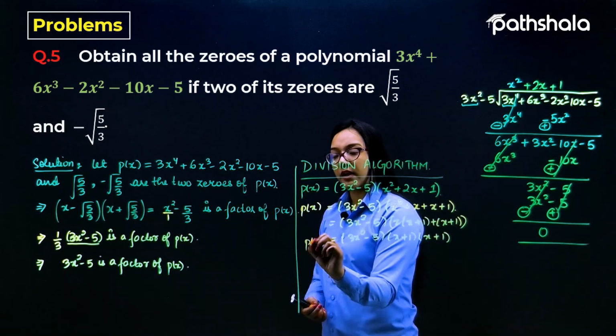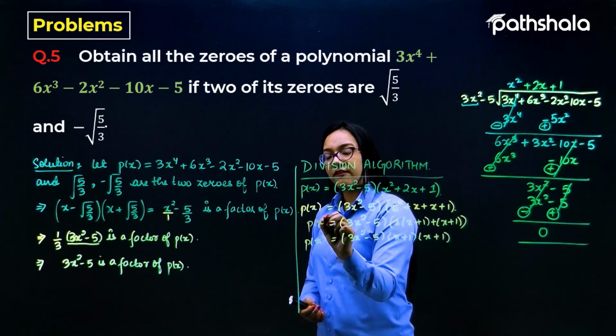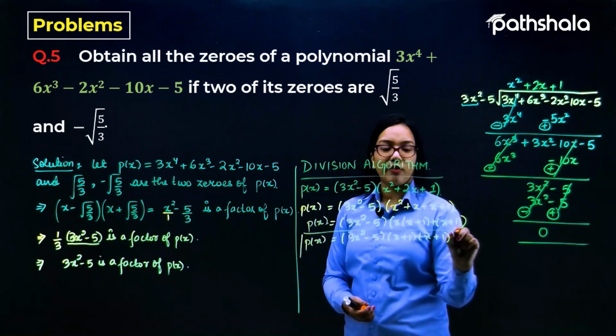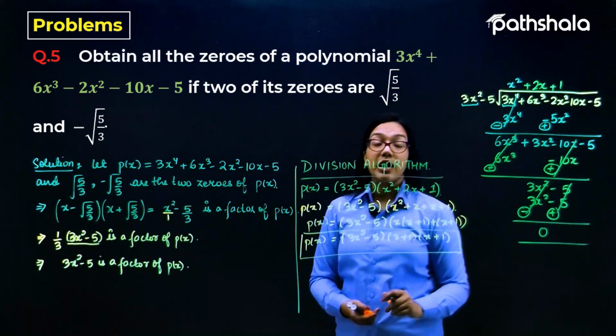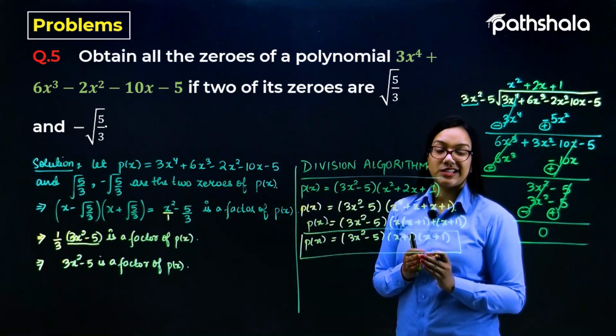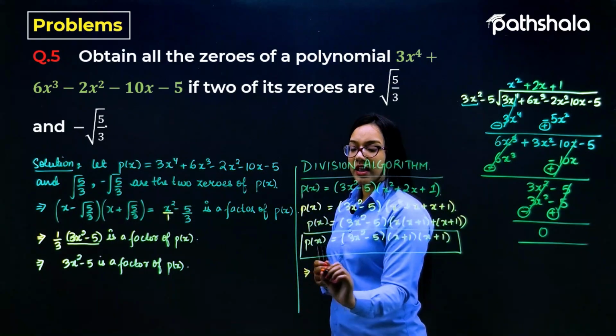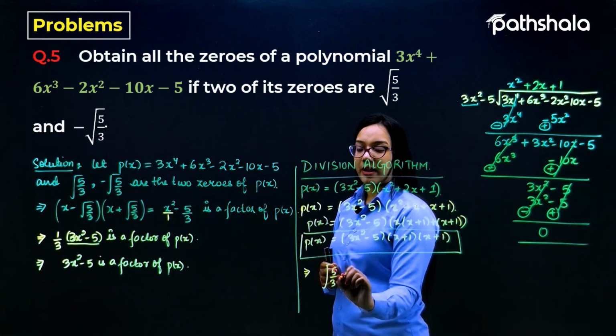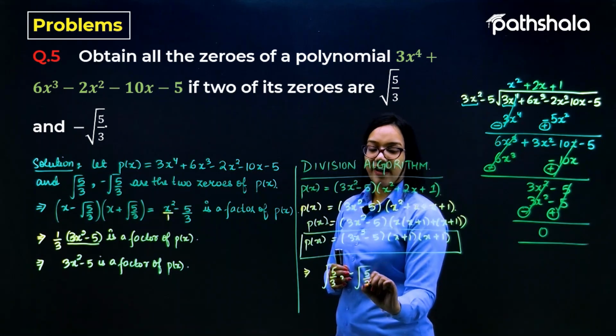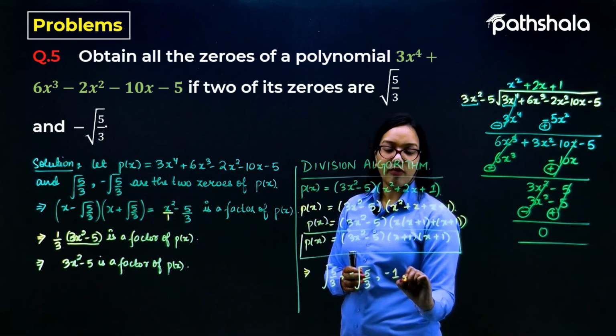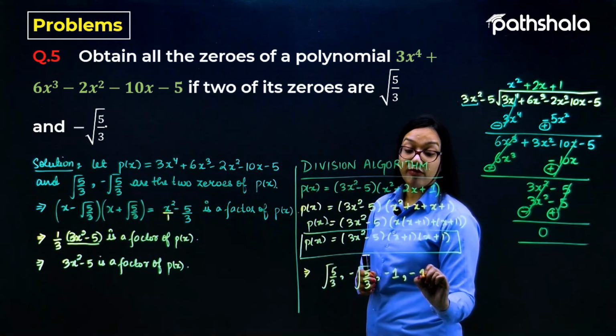These are all the factors of the polynomial p of x, and in order to find the zeros, we have to set them equal to zero. So from this polynomial, the zeros are root 5 by 3, minus root 5 by 3, minus 1 and minus 1 again.